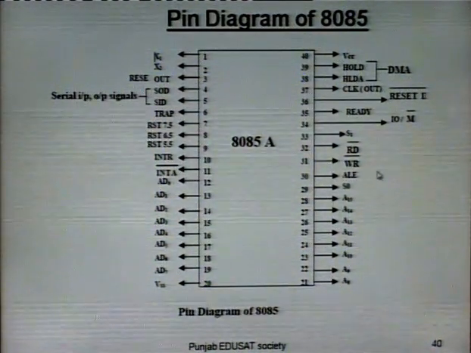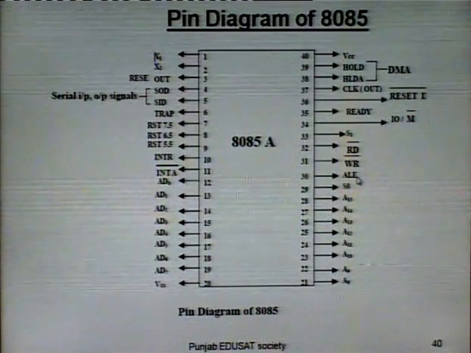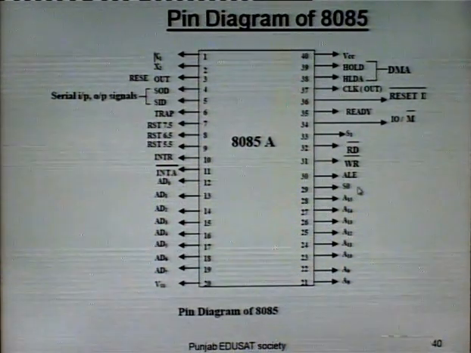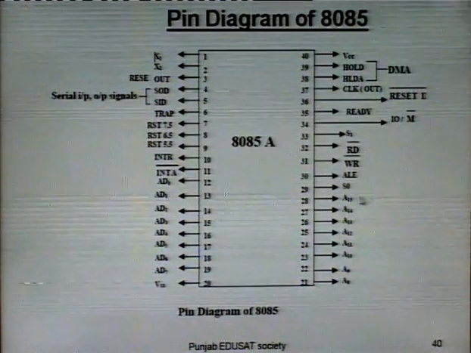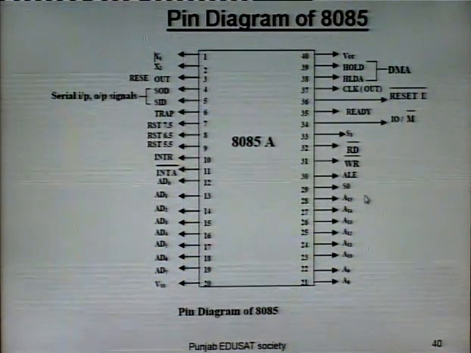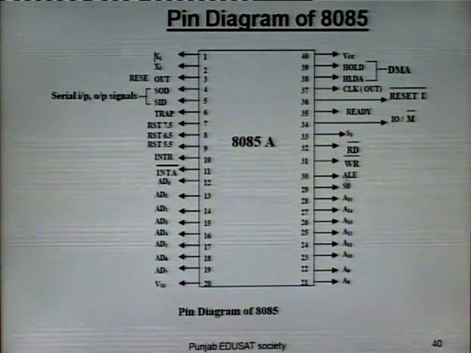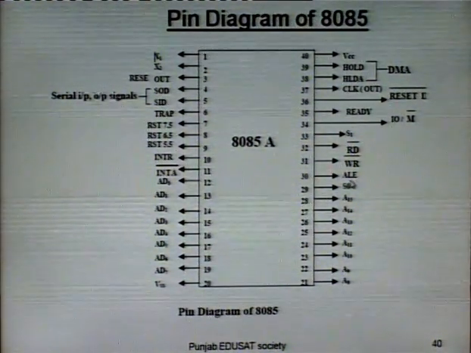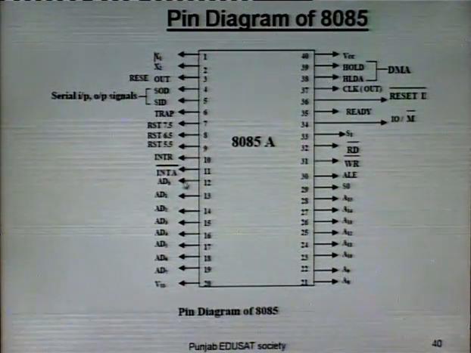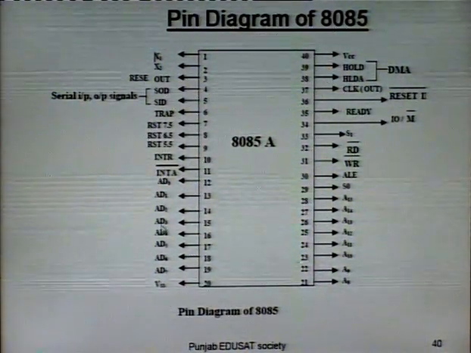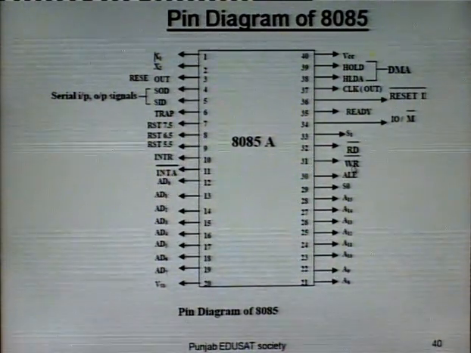With the help of this pin, we can demultiplex the low order address bus and data bus. When the multiplexed address and data bus carries the address, ALE is high. After that, ALE becomes low, which indicates that the bus carries data.